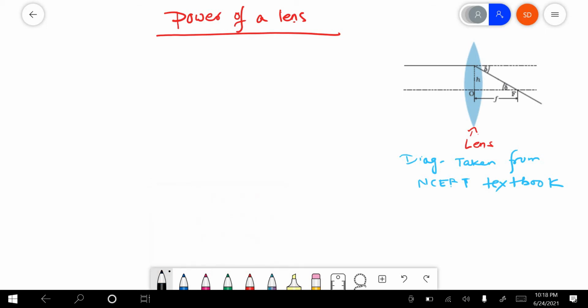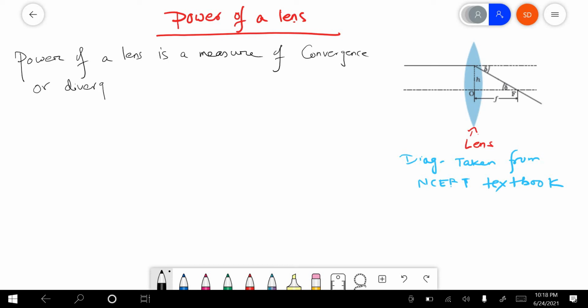So what do you mean by power of a lens? Power of a lens is a measure of convergence or divergence of a lens.